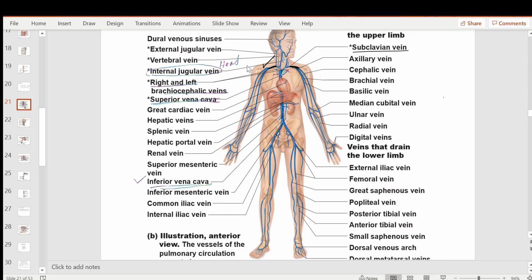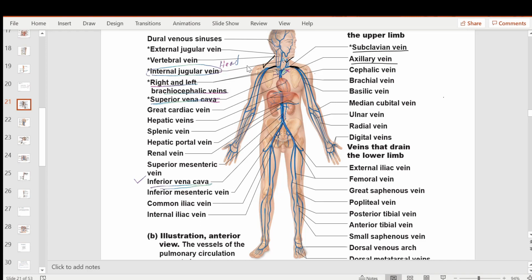So internal jugular goes towards the head, towards the brain, and subclavian goes under the clavicle. Then subclavian goes to the armpit and becomes the axillary vein, like the arterial system: armpit, axillary.